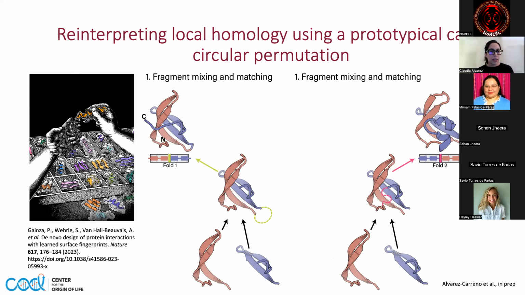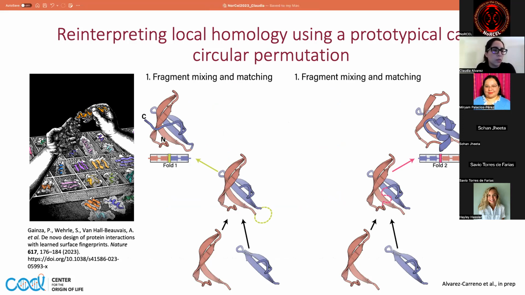And this is exactly what happens when we do protein engineering, when we try to design a protein structure with a specific configuration. But in evolution, this is not exactly what happens. So even if it looks like this is the explanation, when these proteins evolve, this is not how the secondary structural elements get rearranged.